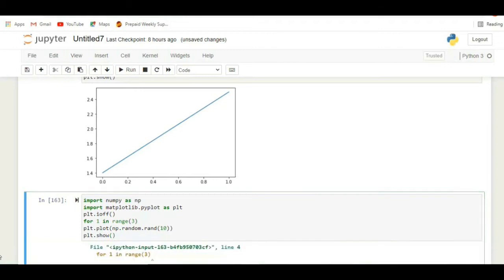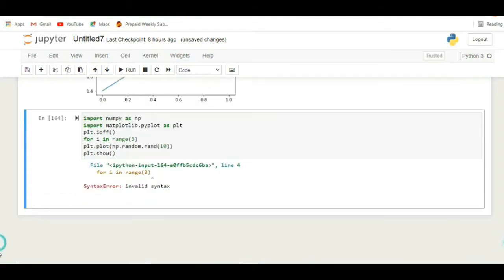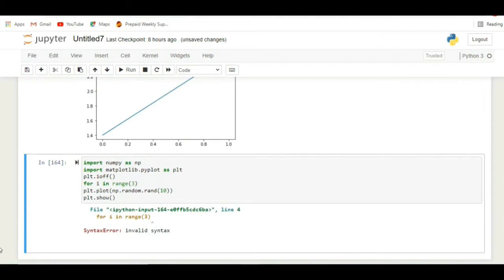Inside the parenthesis you will write, but this is not working. The error is in for 1 in range 3. This is not actually 1; I think it should be i, for i in range 3, and this again does not work. So we have to change something so that the code works.